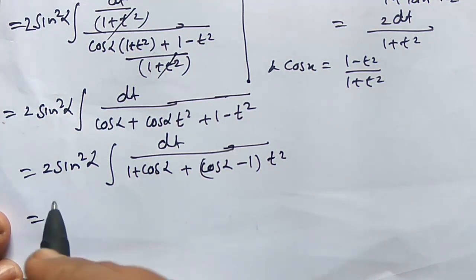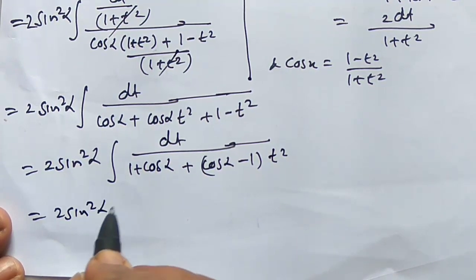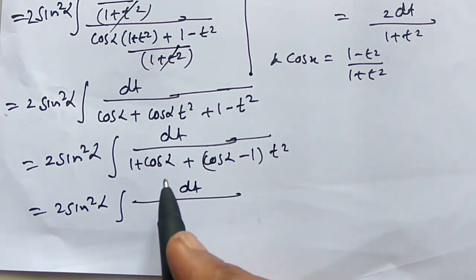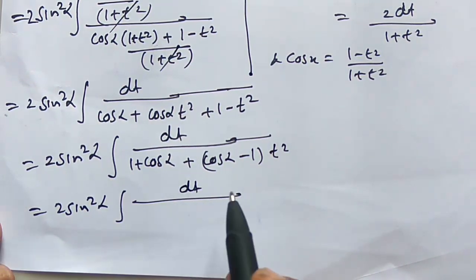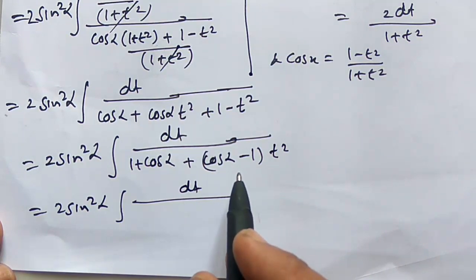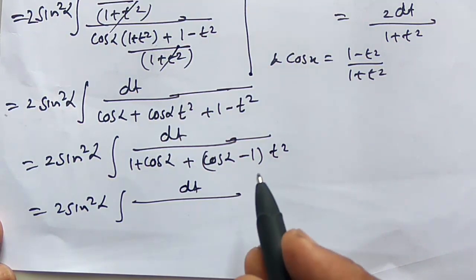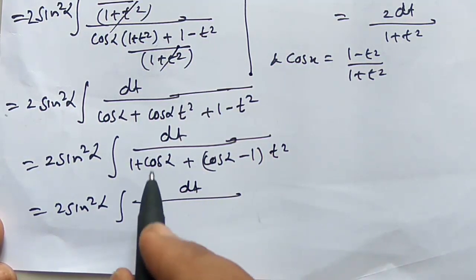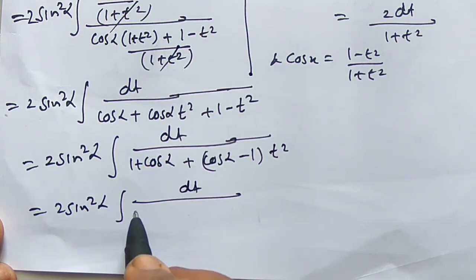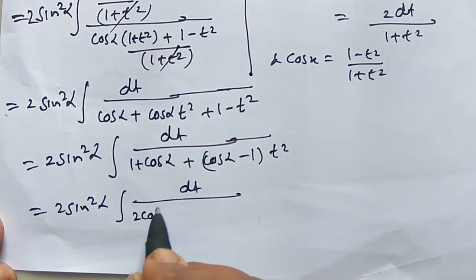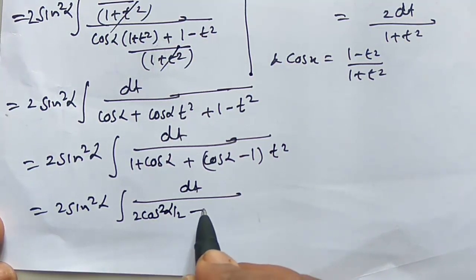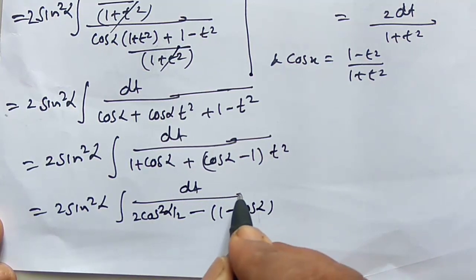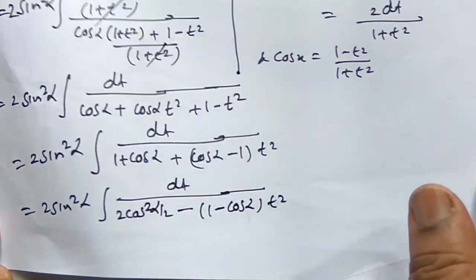So this is equal to 2 sin square alpha dt upon 1 plus cos alpha, which is 2 cos square alpha by 2 by the half angle formula, and taking the minus sign, 1 minus cos alpha t square.